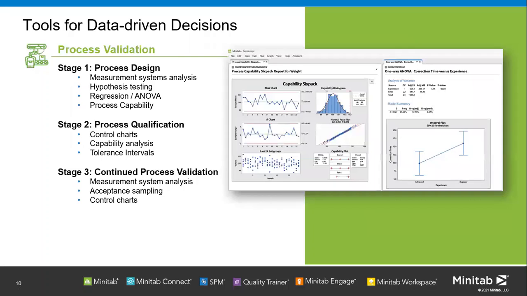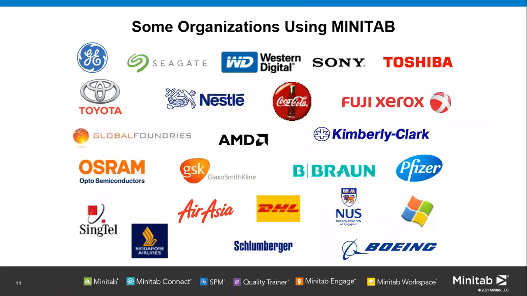Okay, and then this one is process validation. Just mentioned here, it's not in sequence, but all these tools are available in Minitab. Okay, so we have others. We have many customers already using Minitab, not only for manufacturing, but also for services and so on.